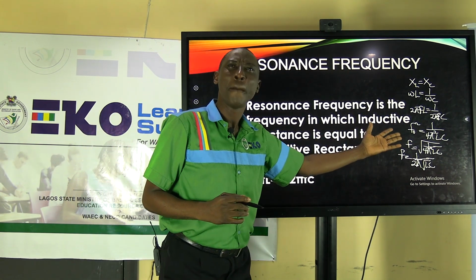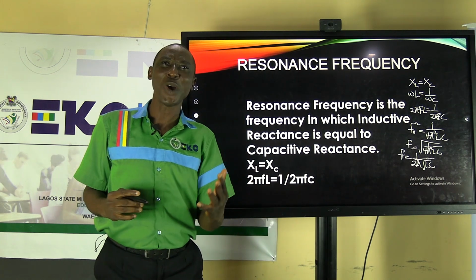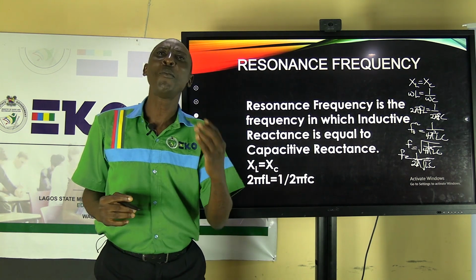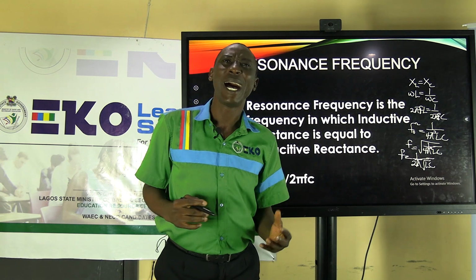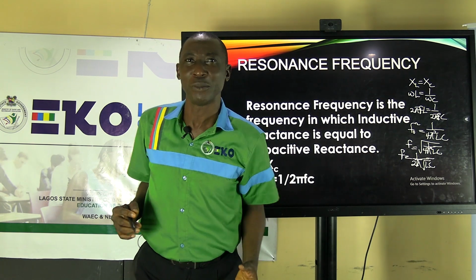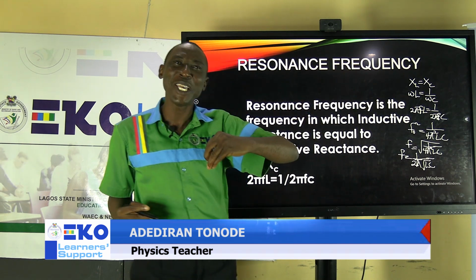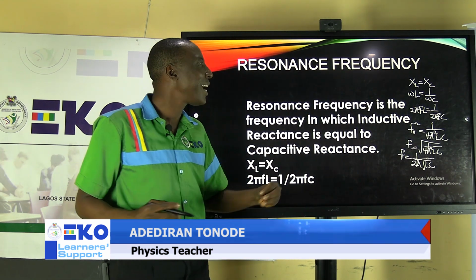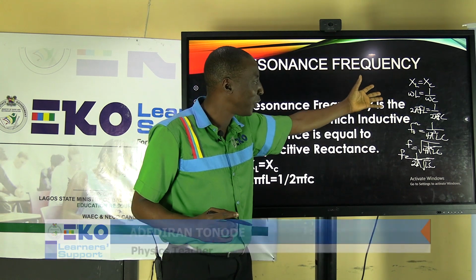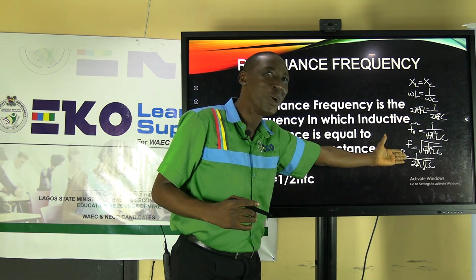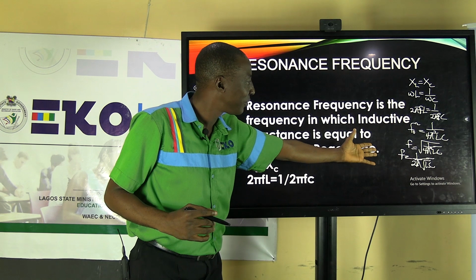You can see it, based on the theory. That is why I tell you, the moment you are theoretically sound, analytically you cannot be deformed. The theory says a resonant frequency is a frequency in which capacitive reactance is equal to inductive reactance. And with this, we have come to have the formula.